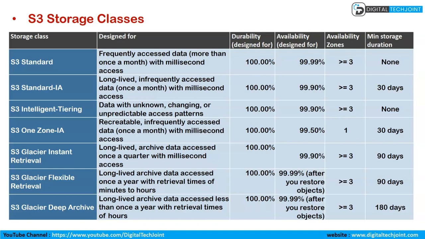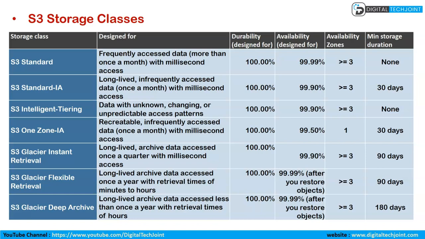Whenever you're uploading any documents or objects on S3, by default it is S3 Standard. But there is Standard, which is default, then there is Standard IA. Now there is Intelligent Tiering, there is One Zone IA, then there's Glacier Flexible Retrieval and Glacier Deep Archival.